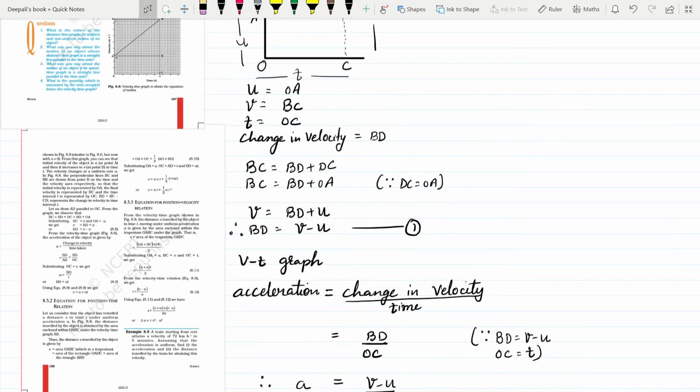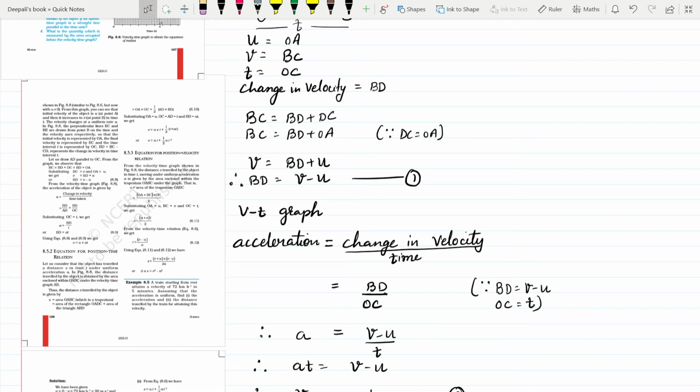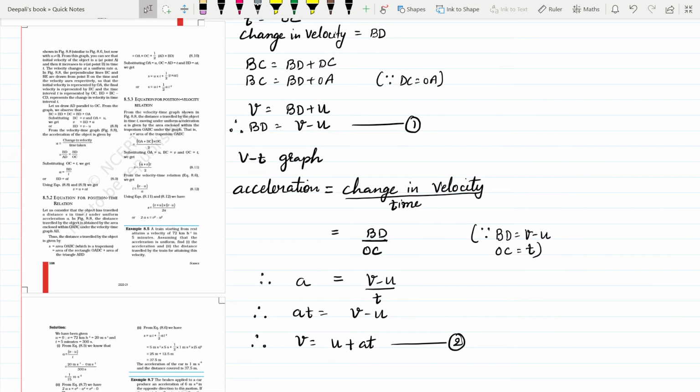Now, according to the graph of velocity time, acceleration is equal to change in the velocity upon time taken, which in this graph is BD upon OC. Now, BD is equal to v minus u, as we already understood in the first part by result 1, and OC is equal to t. Therefore, acceleration a will be represented by v minus u upon t.